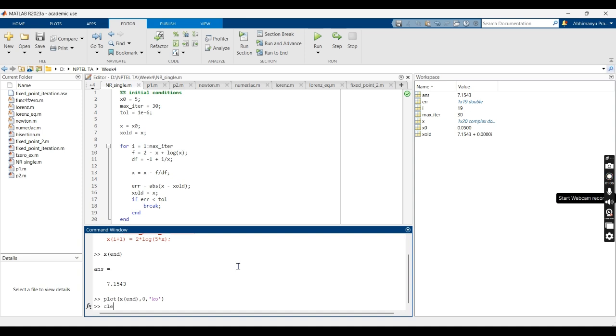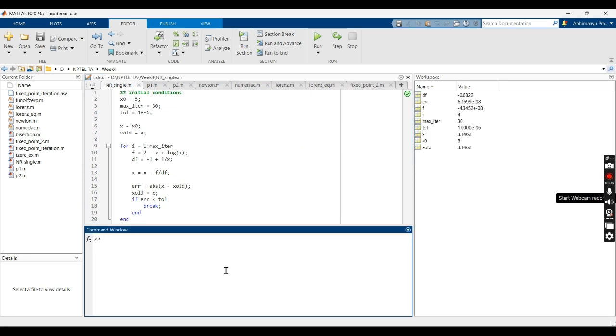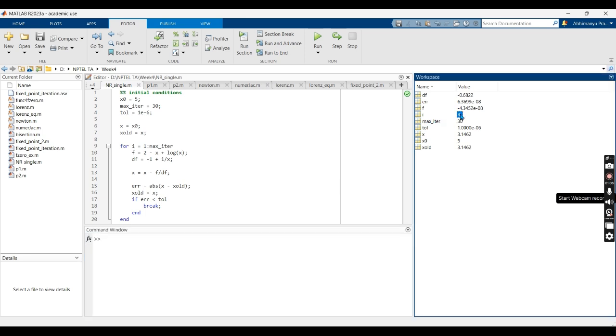So now I will run this. So it has converged in 4 iterations.